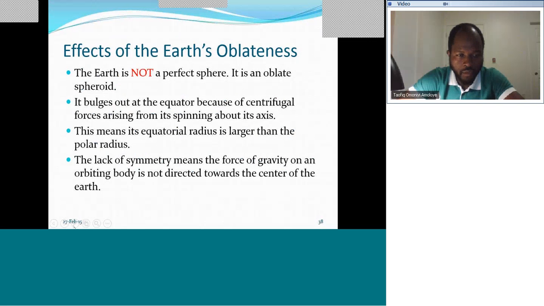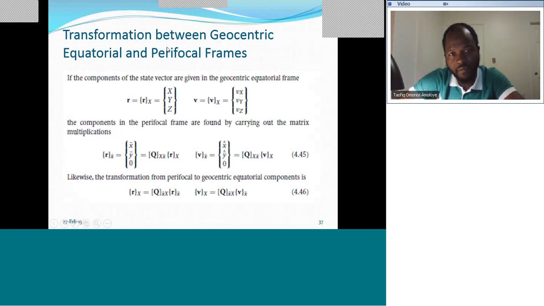So prior to this slide, we looked at the transformation between geocentric, equatorial, and perifocal frames. We looked at the transformation matrices. We saw that when you have the state vectors in the geocentric equatorial frame, you can get them in the perifocal frame just by multiplying what you have by the transformation matrix from geocentric to perifocal frame.